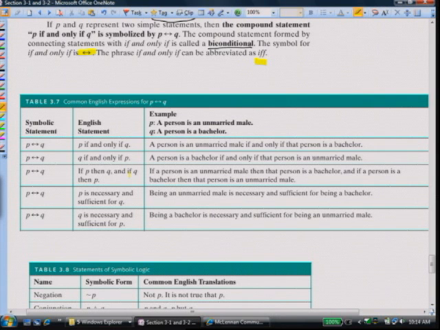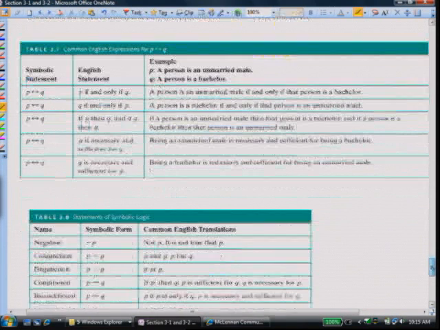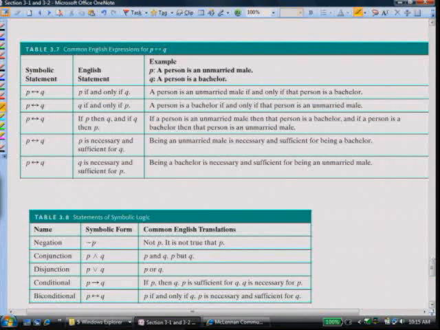If P, then Q, and if Q, then P. P is necessary and sufficient for Q, and Q is necessary and sufficient for P. So you're going back and forth. Necessary and sufficient seems to get us to the if and only if.